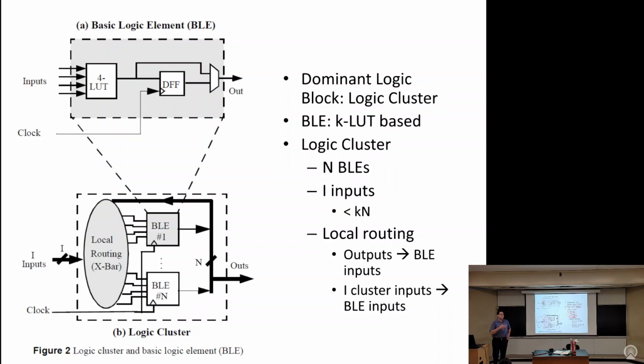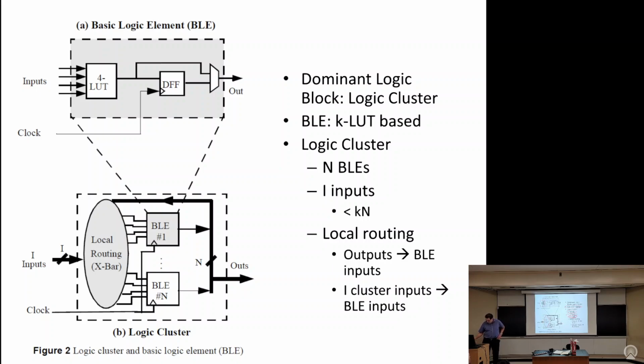So you'd never bring more than kn inputs in, but you usually design the architecture to bring in some number I that's actually less than that. And the reason is to save area in this local routing and to save area with the muxes that would connect you into the general routing. Because all these signals here really have to go through those routing muxes that we showed how to build last week.